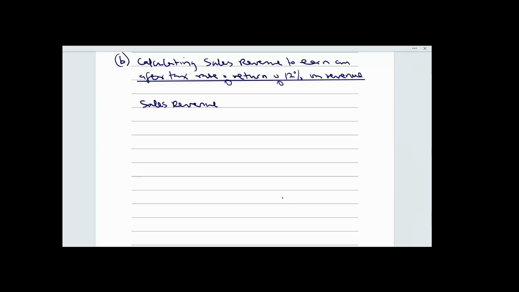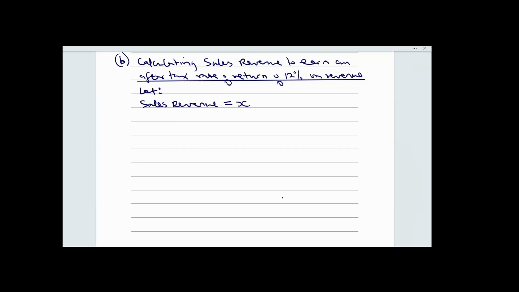Therefore, this should be sales revenue equal to, now, again, like I said, let's define the variables first. Let sales revenue equal X, because it's the sales revenue that I want to determine. I don't know it. And our examiner asked me to determine 12% on the sales revenue that I don't know.